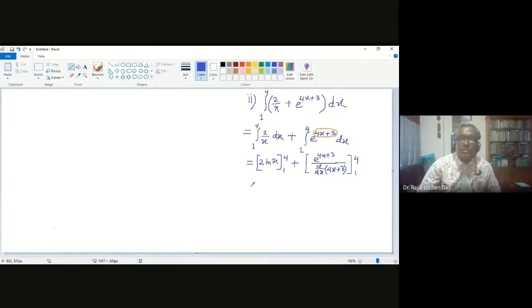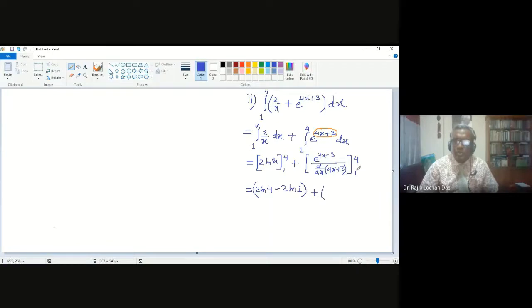So next line is, you can put the values directly. You have no more things to do. So 2 ln 4 minus 2 ln 1. So it is the first part. Done. Second part is divided by 4. So just you can write divided by 4, no problem.